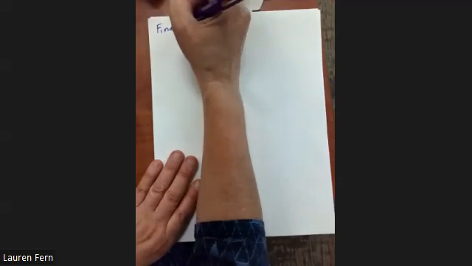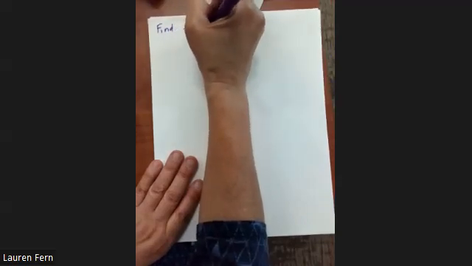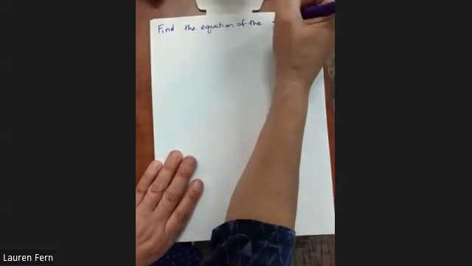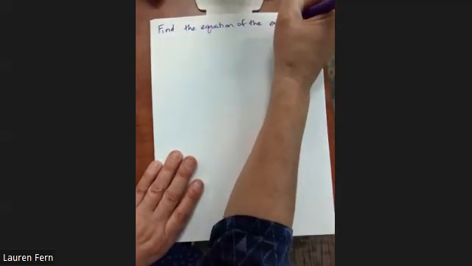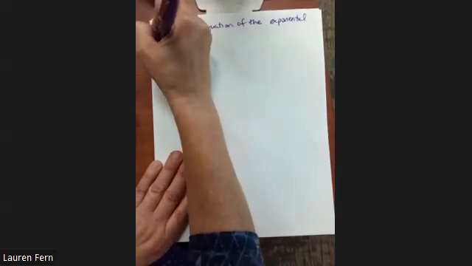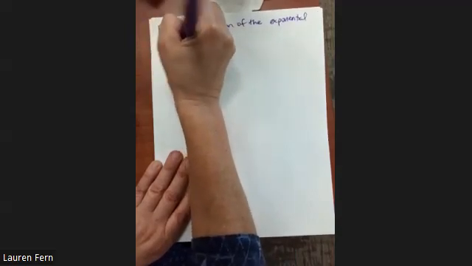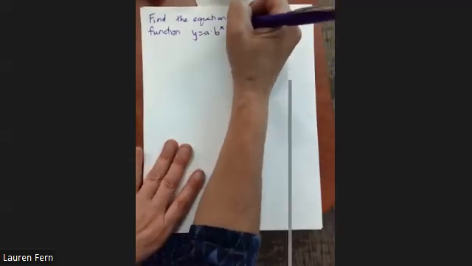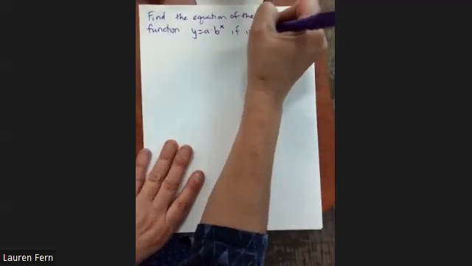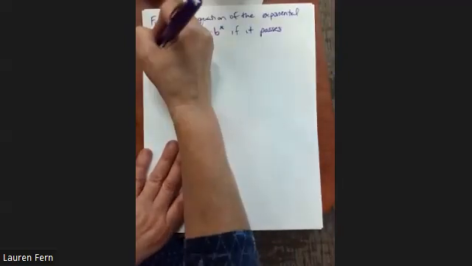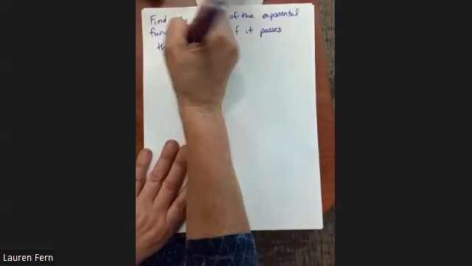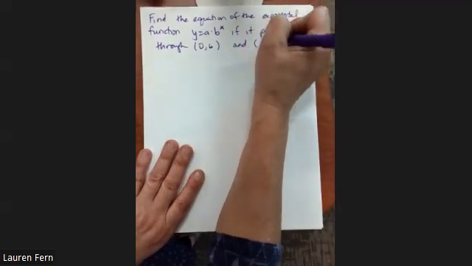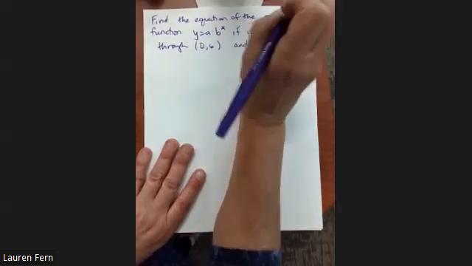What if I ask you to find the equation of the exponential function y equals a times b to the x if it passes through two ordered pairs, (0, 6) and let's do (3, 750).